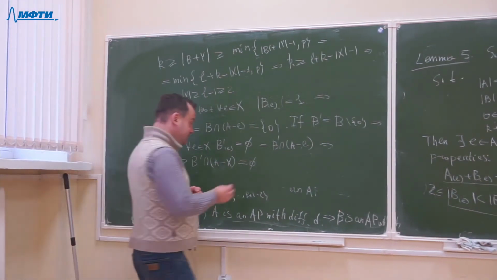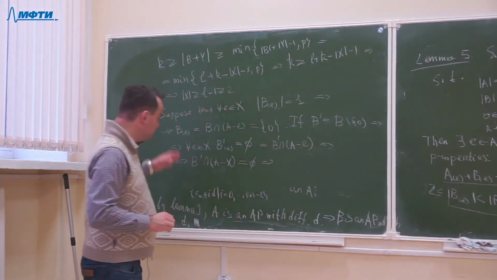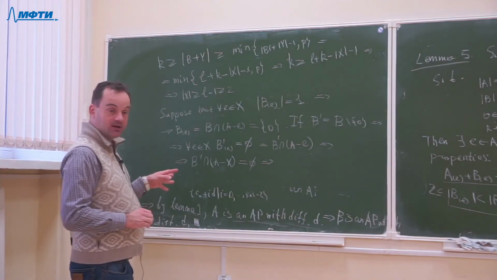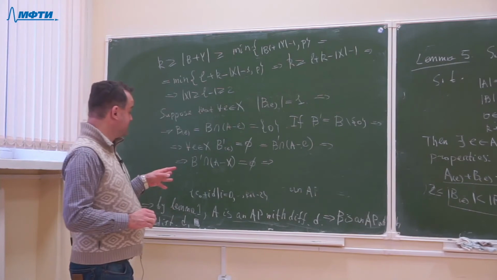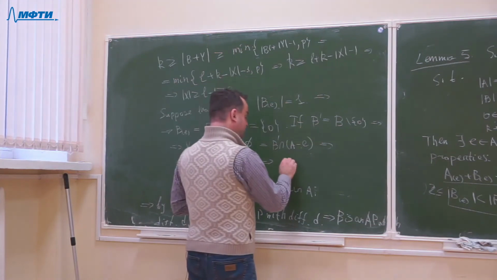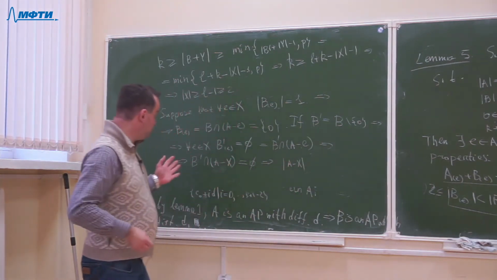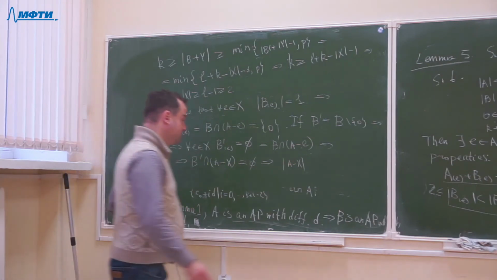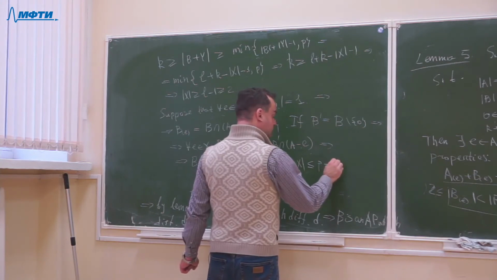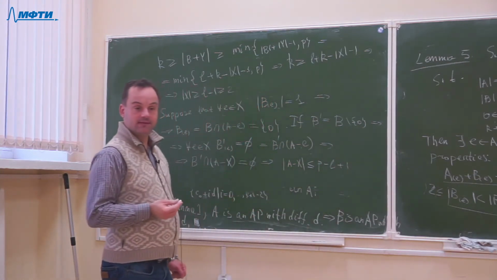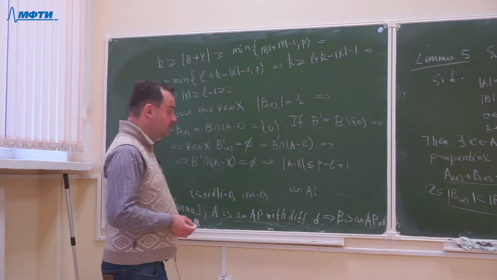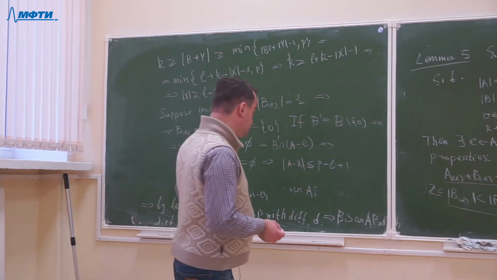Well, from this it follows that A minus X has at most how many elements? It's lying inside a complement of B prime. So this number of elements is at most P minus L plus 1, right? B prime contains L minus 1 elements, so a complement of B prime contains P minus L plus 1 elements, right?